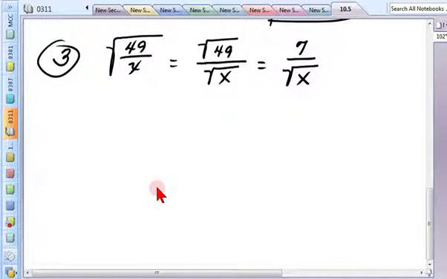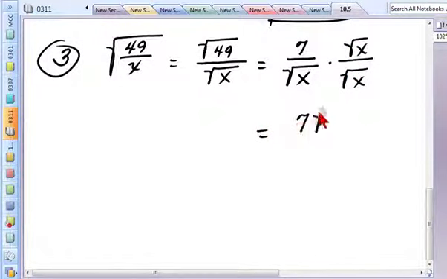Well, I can't do anything to anything, so I'm ready to rationalize. What form of the number 1 should I choose? Yeah, square root of x over the square root of x. That gives me 7 times the square root of x over, what is the square root of x times the square root of x? X.